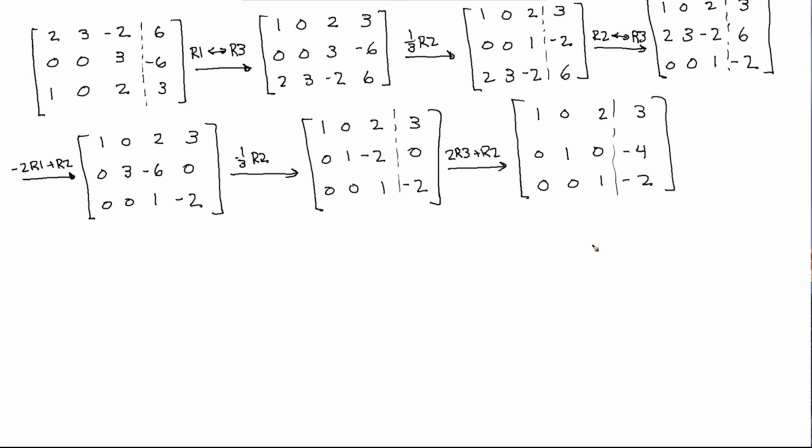And then, now on this last one, minus 2 times row 3 plus row 1. So now, minus 2 times row 3 plus row 1 gives me 1, 0, 0, 7, 0, 1, 0, minus 4.